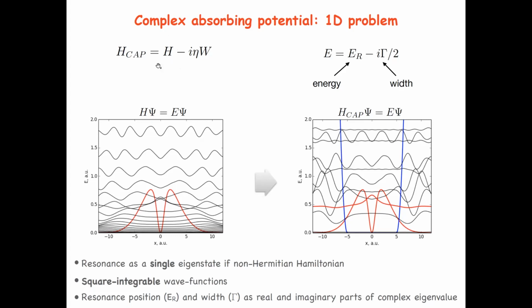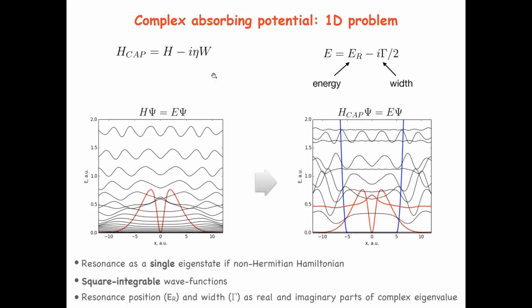In this case, we start from the electronic Hamiltonian, and we augment it by a purely imaginary potential, where W determines the functional form of the absorbing potential, complex absorbing potential it's called, and eta determines the strength of the absorbing potential. So when eta is 0, we recover the original Hermitian electronic Hamiltonian.